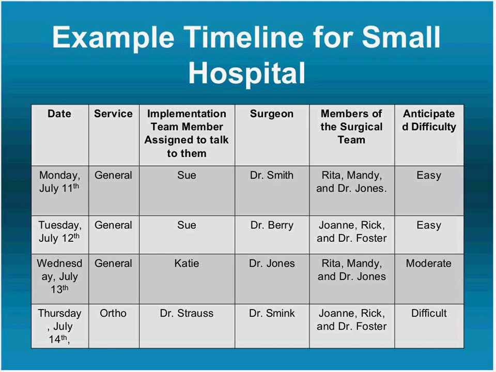Now, you can see on one end is the date that we're going to do the work, and the service that surgeon represents that we're going to touch, general surgery and orthopedics in this case, an implementation team member who's been assigned to make sure that the checklist goes well that day with those folks, and then the surgeon.